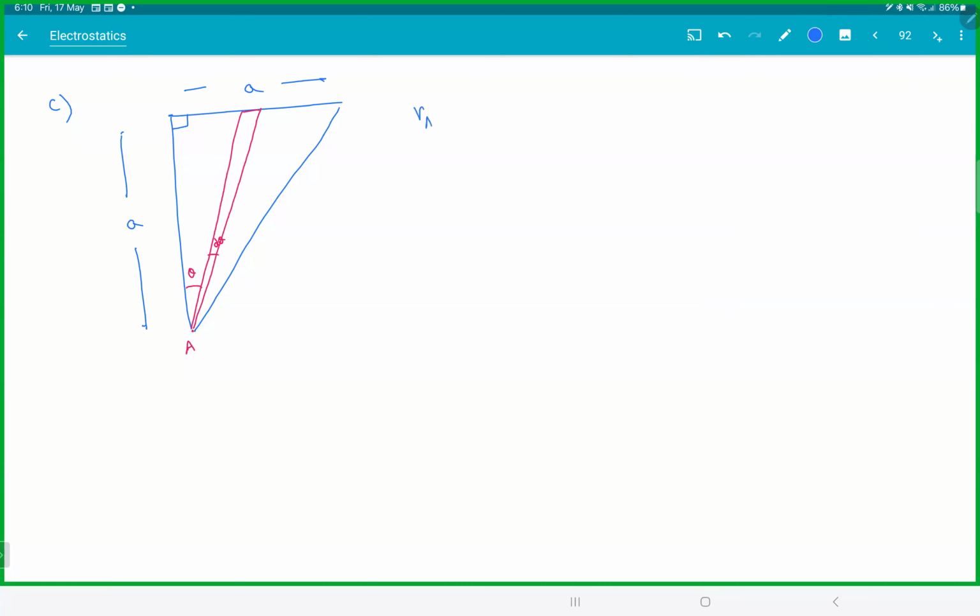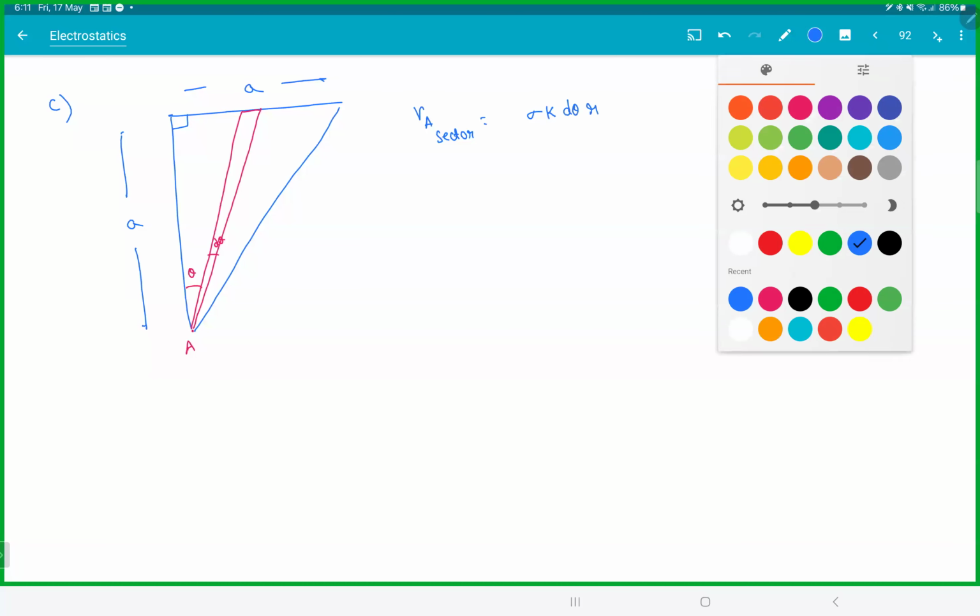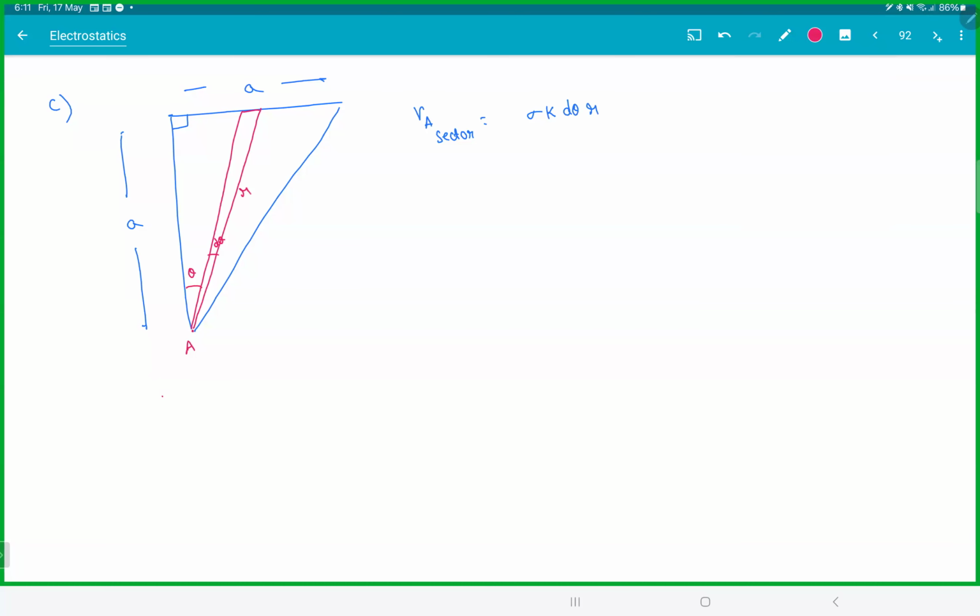So the potential at A due to this sector is K sigma d theta into that radius r. If this is theta, this would be your r. How much is this? Cos theta is A by r, or r is equal to A sec theta.